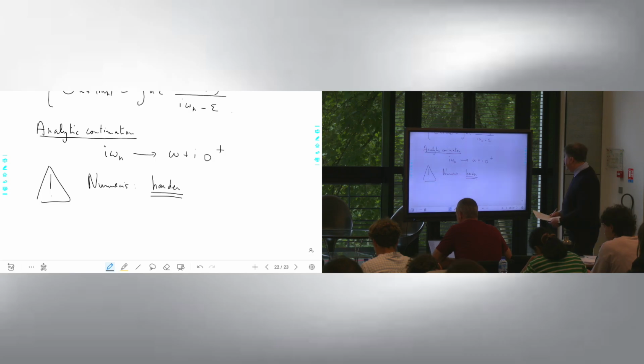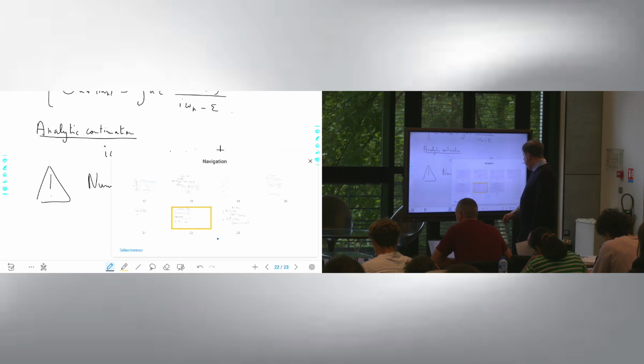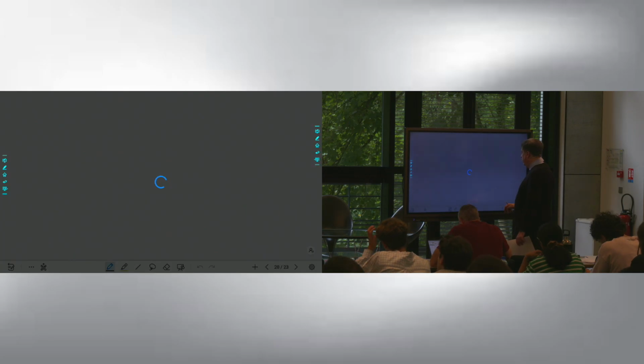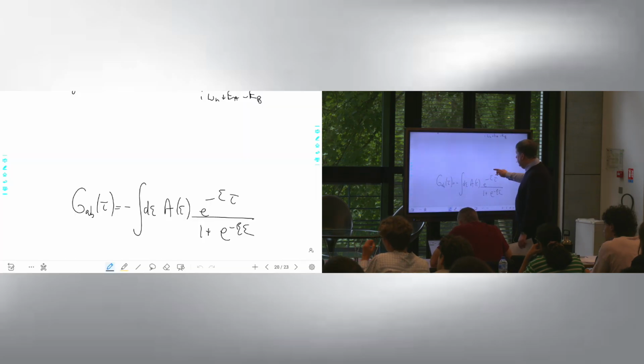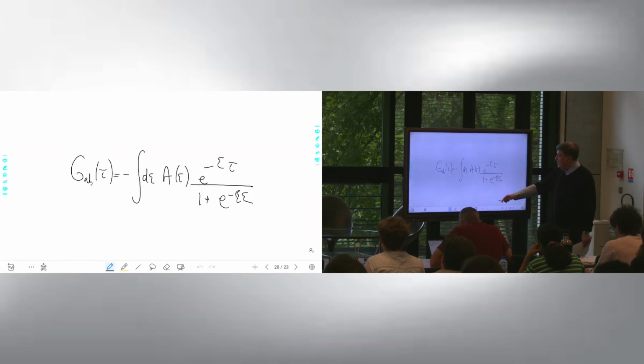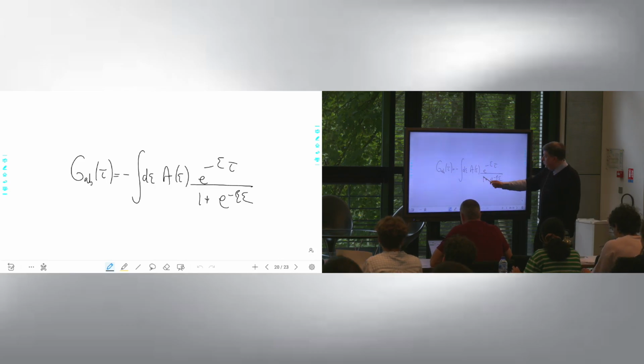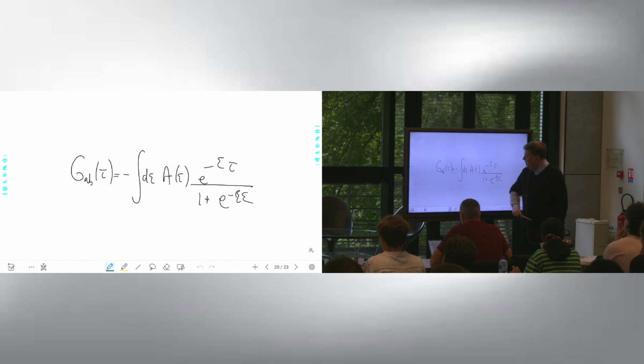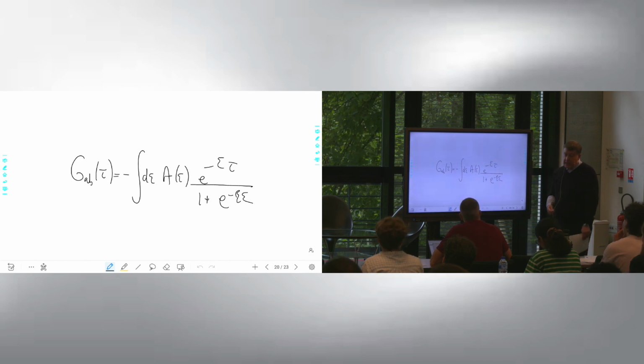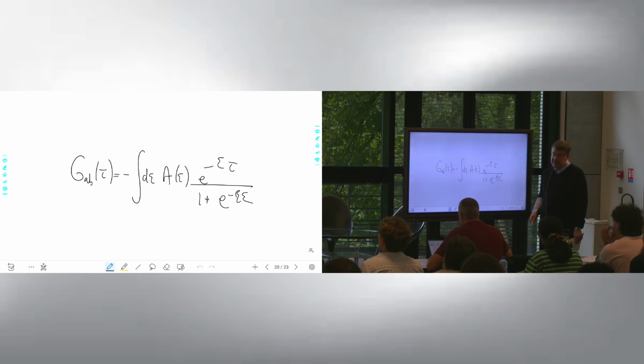And the reason is obvious if we look back at the other expression, which was this one, is that this G of tau is the Laplace transform of A of epsilon. If you want to invert that to recover A of epsilon from G of tau, you have to do the inverse Laplace transform. And as soon as you want to compute an epsilon which is relatively big, this exponential here will kill you.